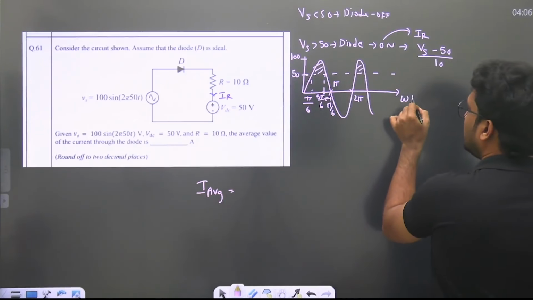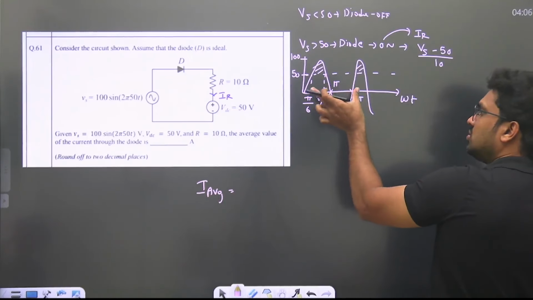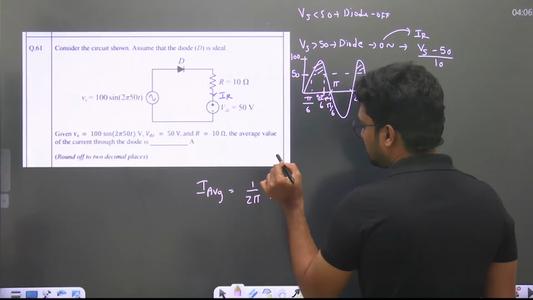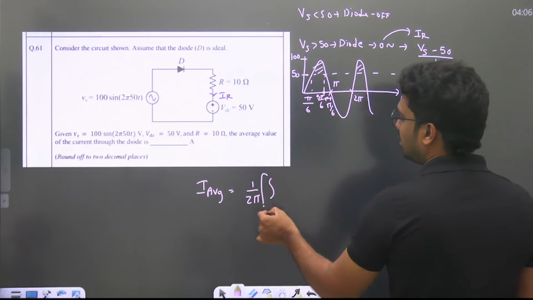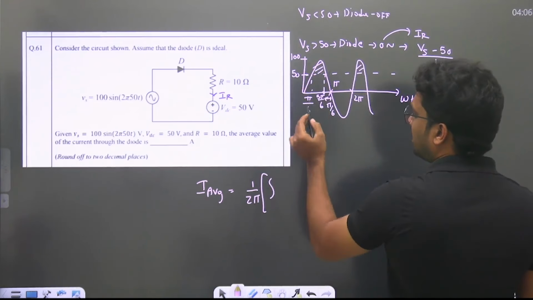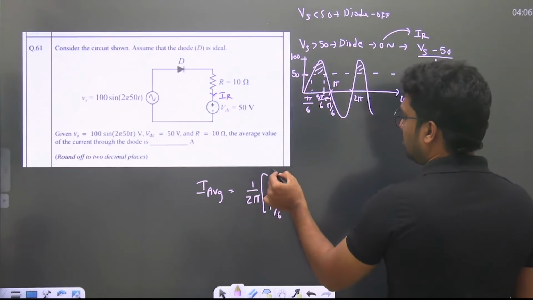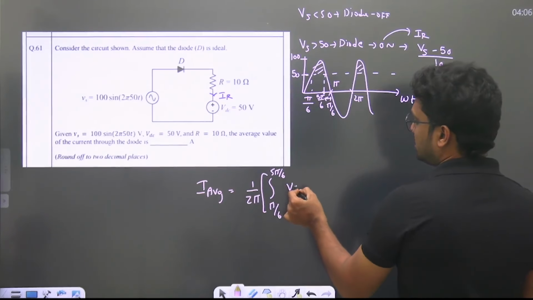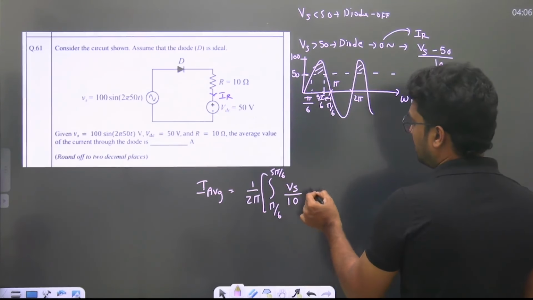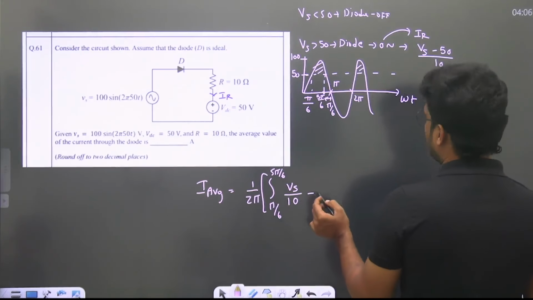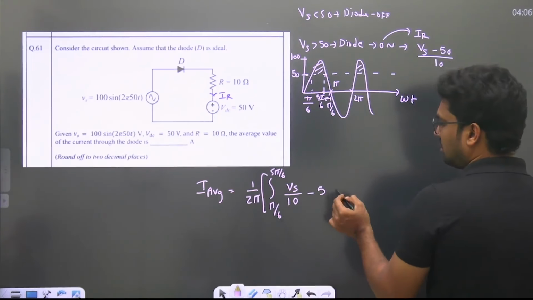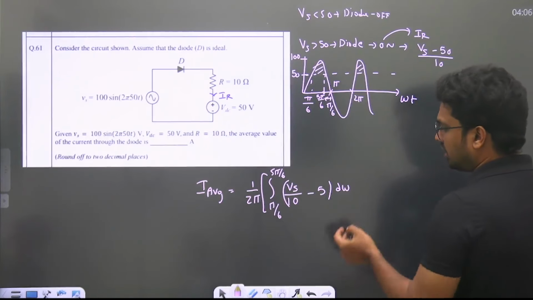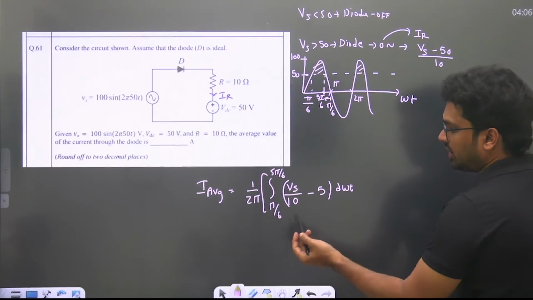If you take omega t or theta into consideration, 2 pi. Okay. So I can write 1 by 2 pi integration from when to when it is getting on, pi by 6 to 5 pi by 6. What is its value? Vs by 10 minus 50 by 10, how much? 5. I take 1 by 2 pi, d omega t. Okay, sin omega t into d omega t.